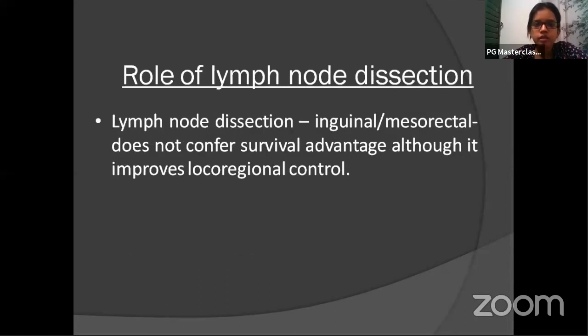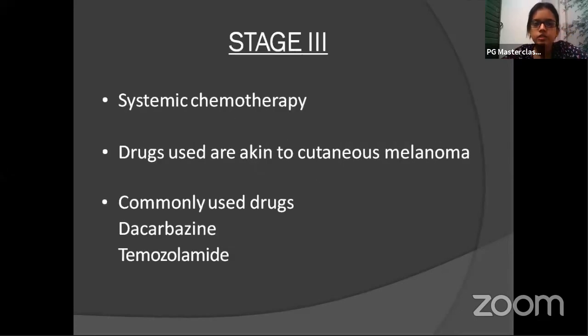Regarding the role of lymph node dissection, inguinal or mesorectal lymph node dissection does not confer any survival advantage, although it may improve loco-regional control because of the early presence of distant lymph node metastases. In stage 3, we can try systemic chemotherapy, with drugs similar to those used in cutaneous melanoma, commonly dacarbazine and temozolomide.